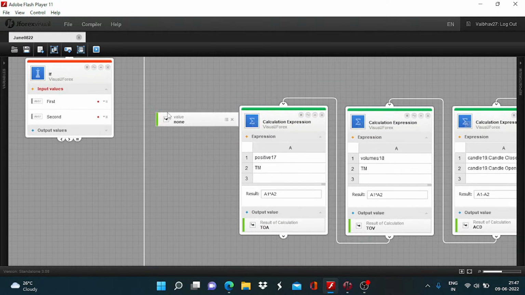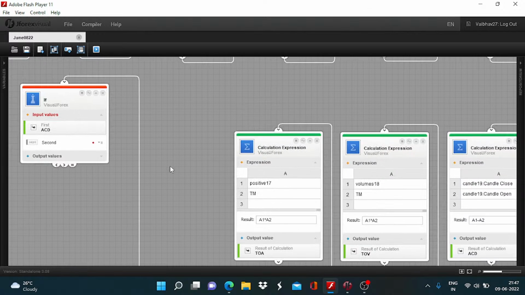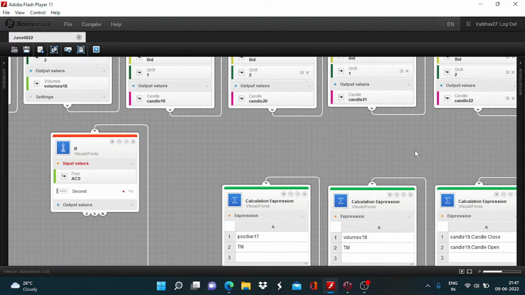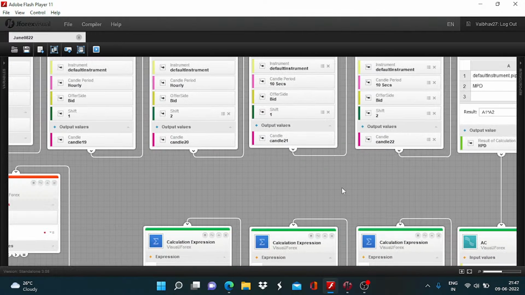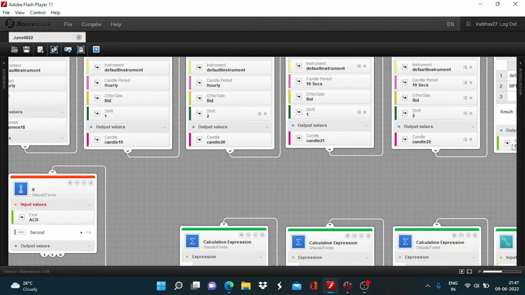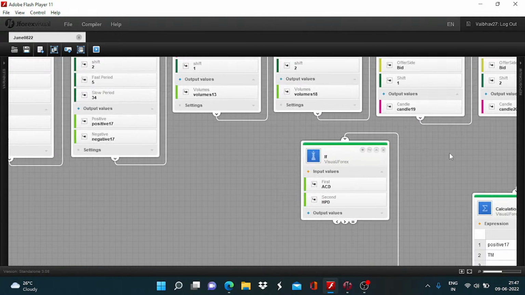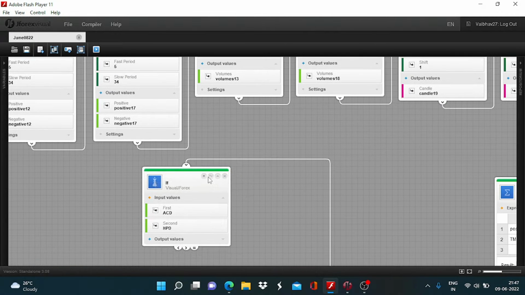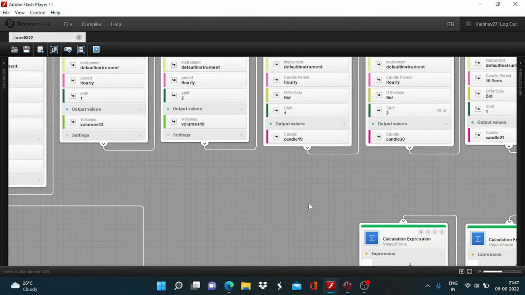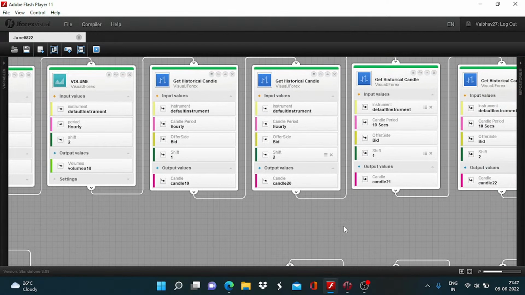So I'm going to take this variable and compare it with this 10 pips variable which we had defined in the last session.